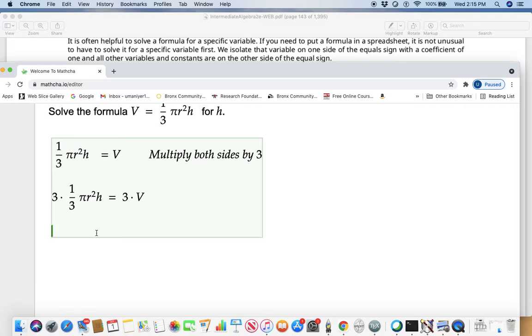This cancels this. All you are left with is pi r squared h on the left hand side, and 3 times V is nothing but 3V.